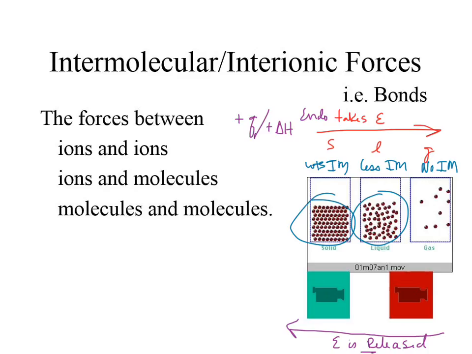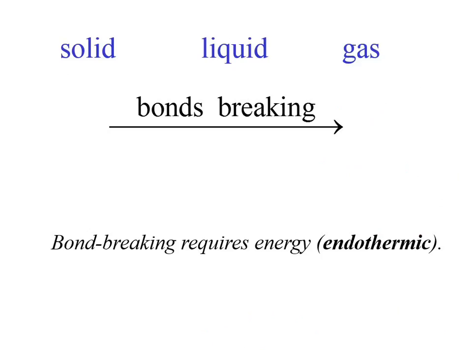Is that endo or exothermic? Exo. Yep, that would be exo. So that's exothermic. And that would be a negative Q and or negative delta H. Okay, we good with that? Those are phase changes, right? That's kind of what we're talking about here.